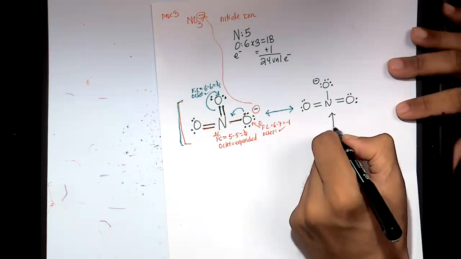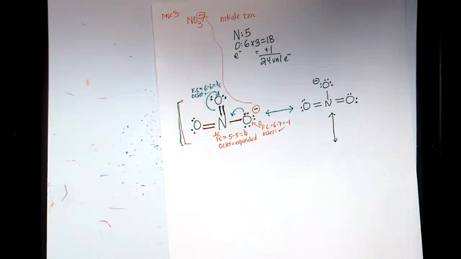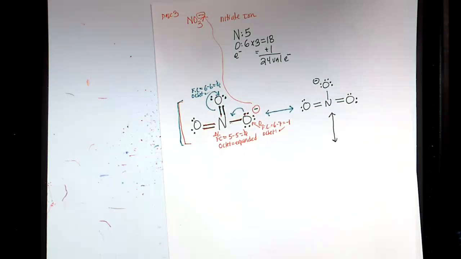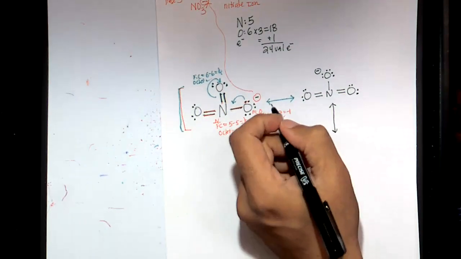And then one more, Joshua, and that is having my single bond left. Okay, single bond on left. Don't forget your back and forth arrows.